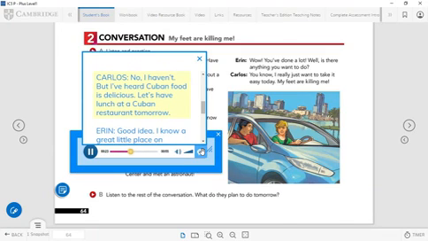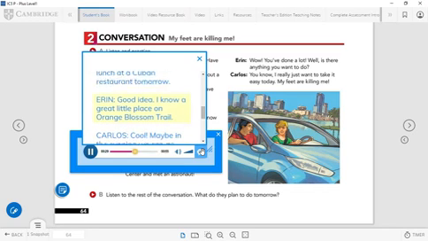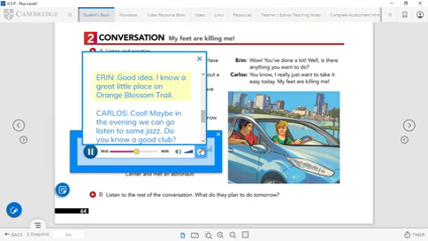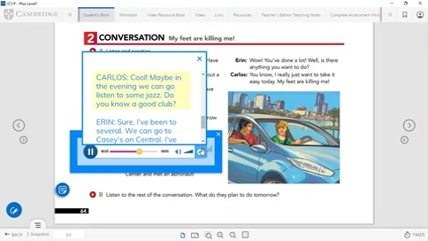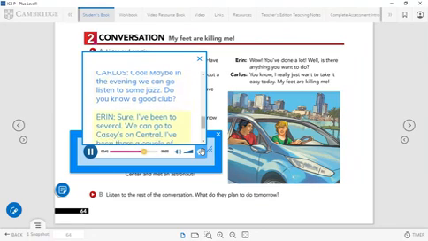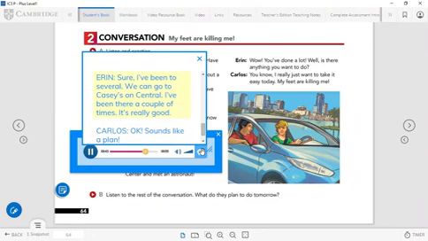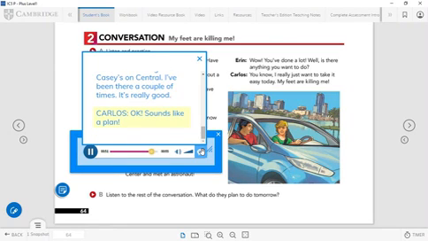But I've heard Cuban food is delicious. Let's have lunch at a Cuban restaurant tomorrow. Good idea. I know a great little place on Orange Blossom Trail. Cool. Maybe in the evening we can go listen to some jazz. Do you know a good club? Sure, I've been to several. We can go to Casey's on Central. I've been there a couple of times. It's really good. Okay. Sounds like a plan.